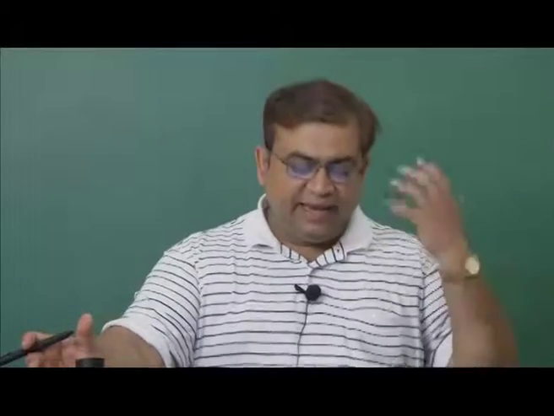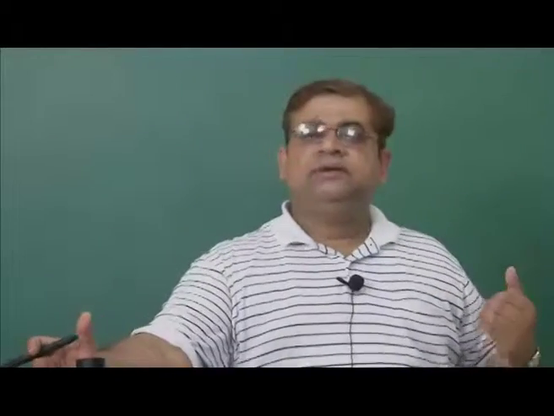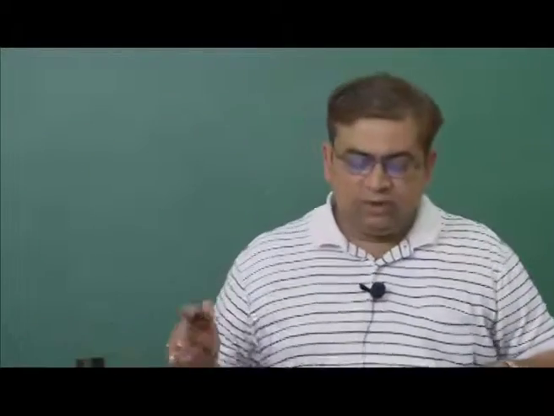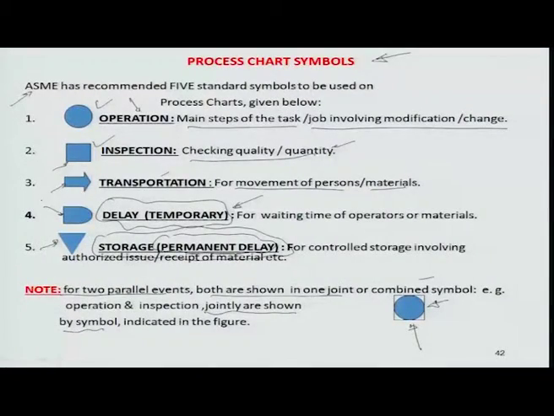So, this is actually an inspection being carried out along with a transportation. So, you could actually have a mixed symbol of a square and an arrow representing that. So, this way you could have various symbols where multiple operations are carried out together, whether operation, inspection, transportation, delay or storage related representations.